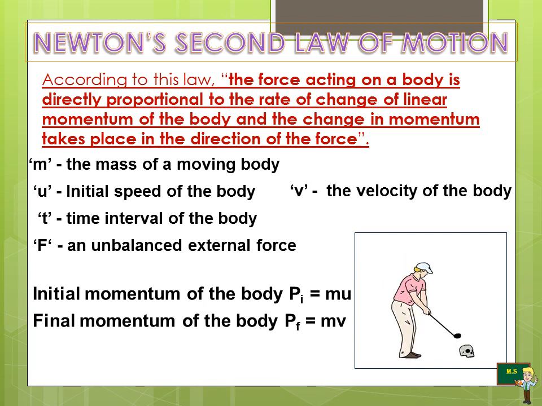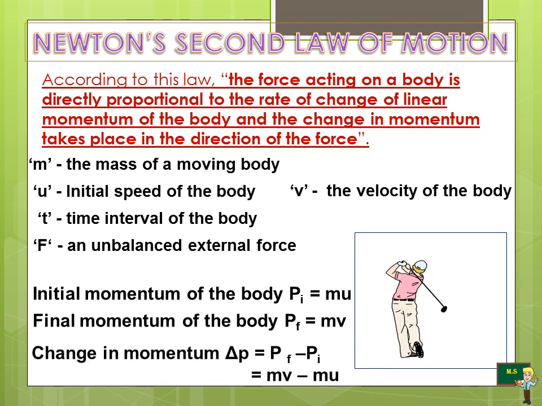Then the final momentum of the body Pf is equal to mv. Here v refers to the velocity of the body. Therefore, change in momentum, that is delta P, is equal to Pf minus Pi. That means the final minus the initial is equal to mv minus mu.